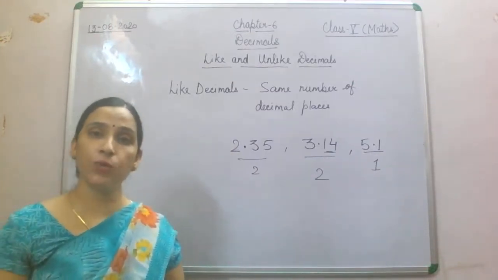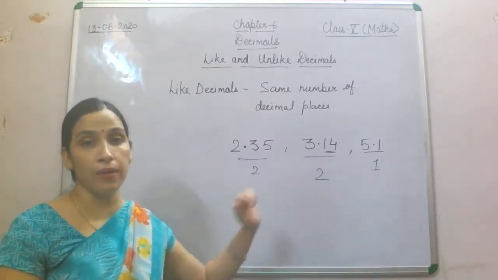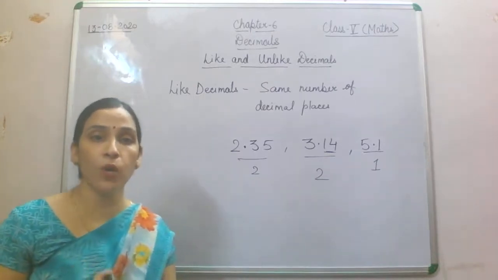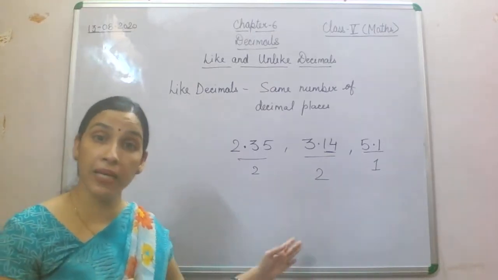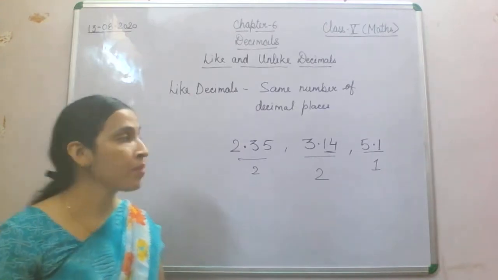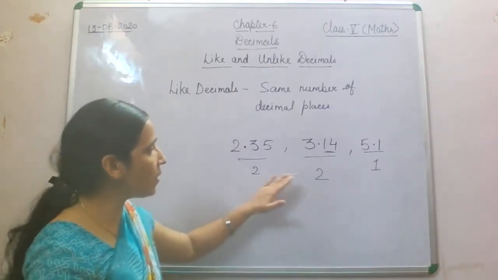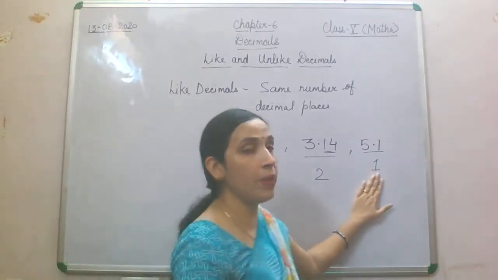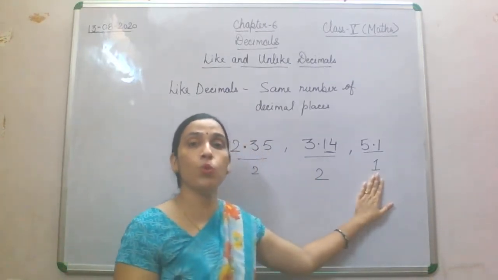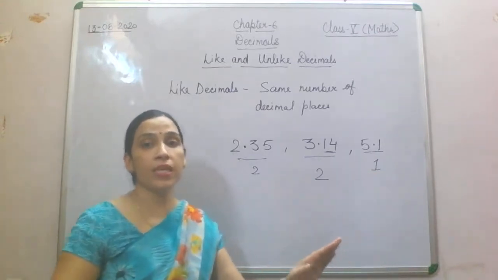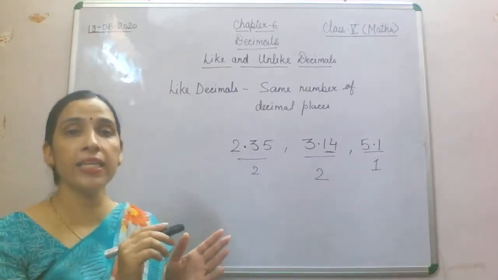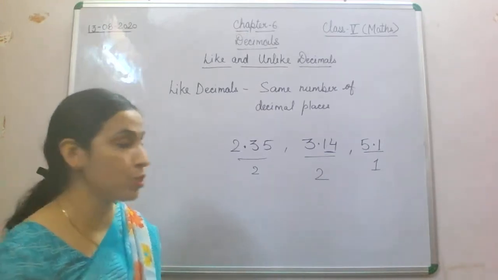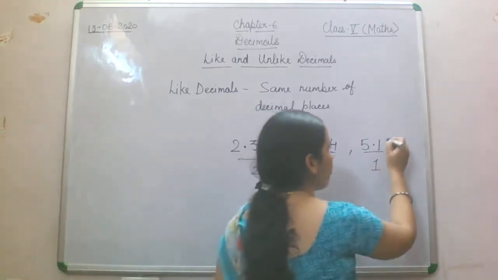Now if I ask you whether we can make these 3 numbers like decimals, what will be your answer? Yes, we can make them like decimals. How? In this we have 2 decimal places, in this also we have 2 decimal places. If this one also becomes 2 decimal places, then all these decimal numbers are like decimals. So we will add a 0 over here.